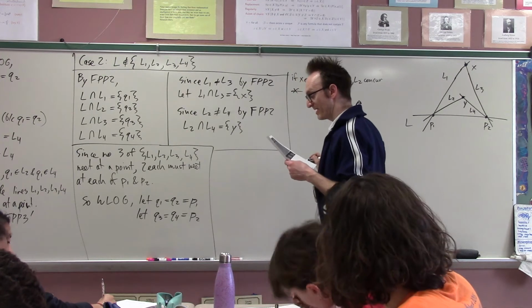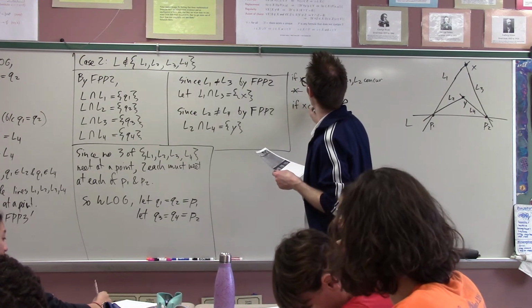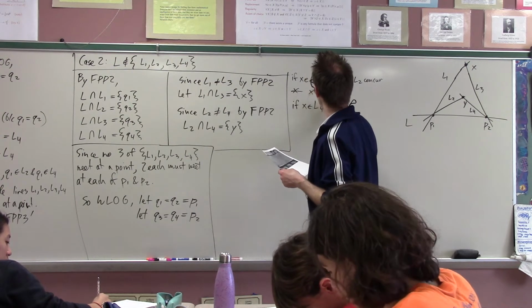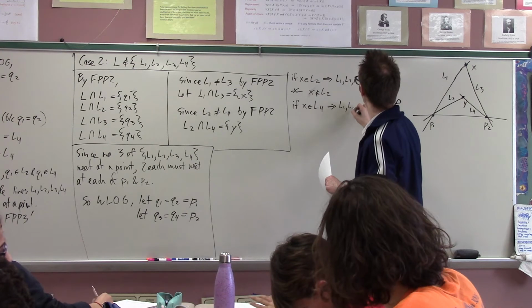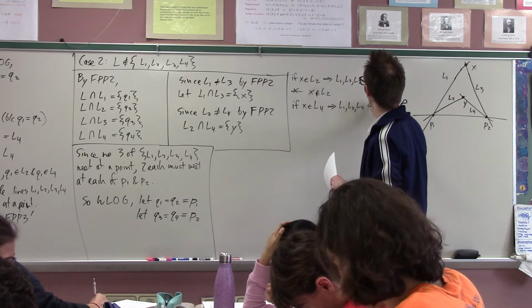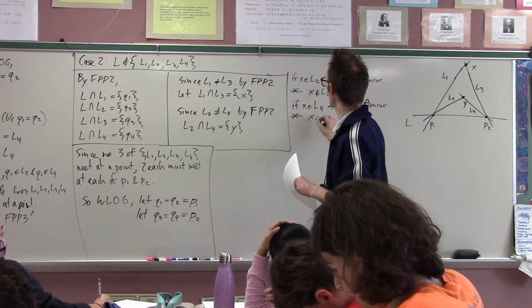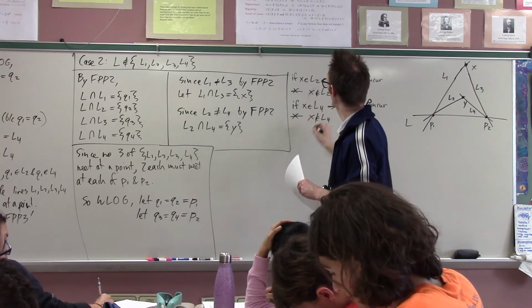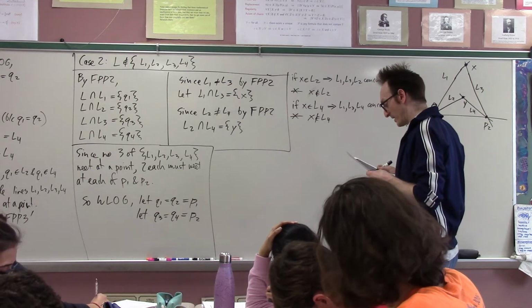Next, is X on L4? No, because if X is on L4, then L1, L3, L4 would concur, but that's a contradiction, so X is not on L4. Similarly, what else do I know?